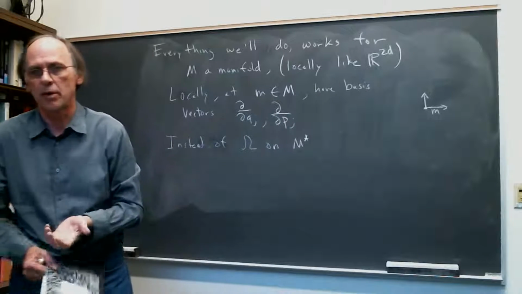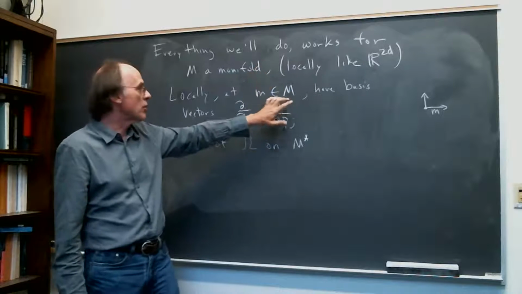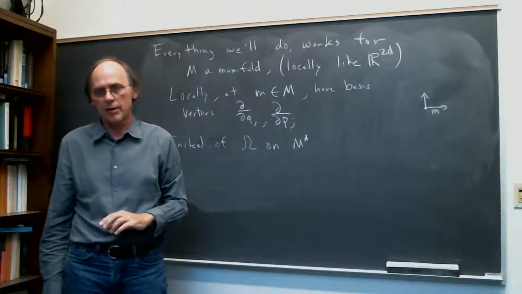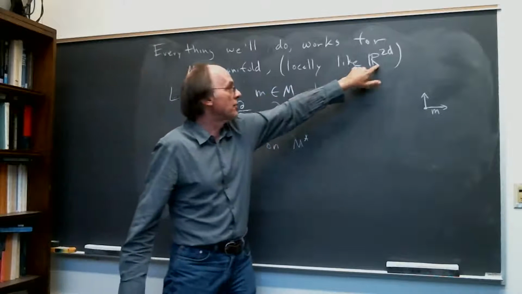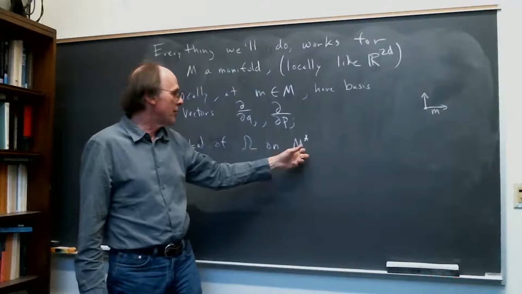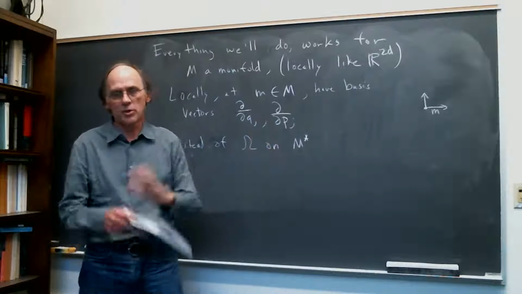M as a sphere is a perfectly good example of a generalized phase space, where it's a manifold, not a vector space. But if M is anything other than R^2d, then there really is no M star. There's no dual space to a sphere.